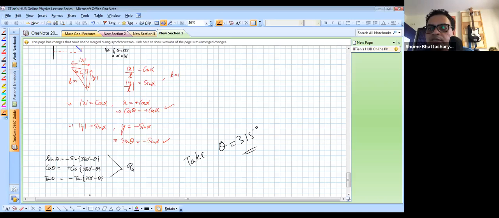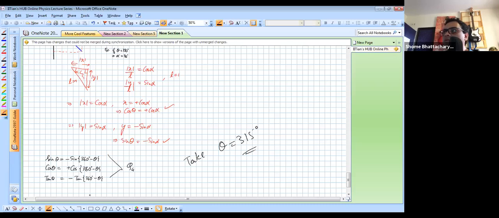Good, Tanish, your connection is clear now, good to know. Kevin, yours is also correct. Yasmith, correct. Samarth, correct. Mehak, correct. Piyush, you are also correct. Yes, so now you have to give the values numerically. Okay, in terms of 45 you said, but you have to give the answers.